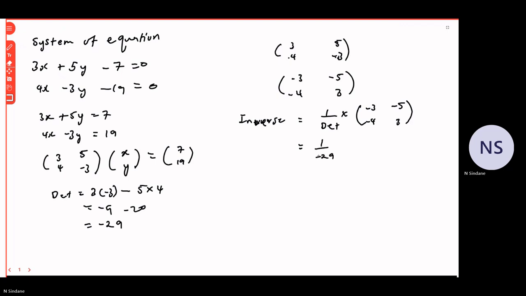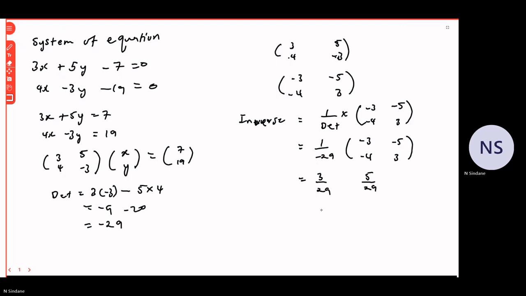1 over negative 29 into negative 3, negative 4, negative 5, and 3. When I multiply, 1 over negative 29 multiplied by negative 3 is positive 3 over 29. Multiplied by negative 5 is positive 5 over 29.